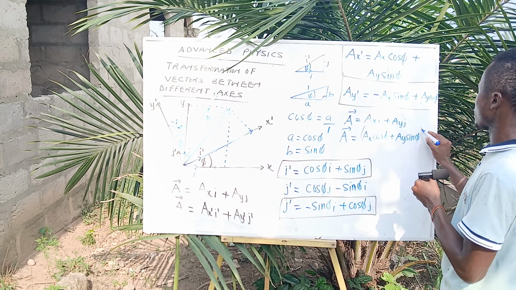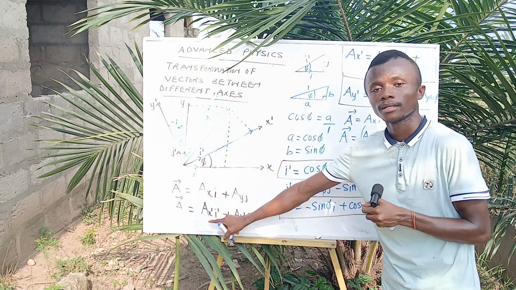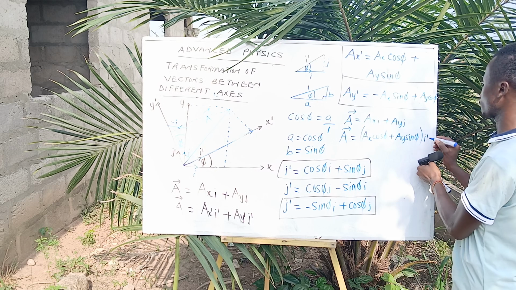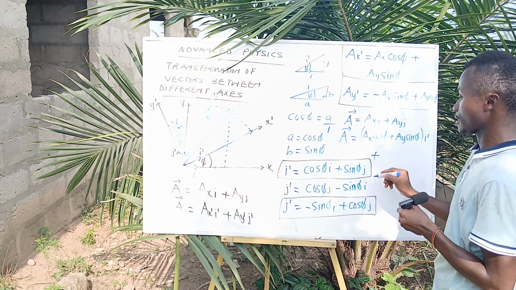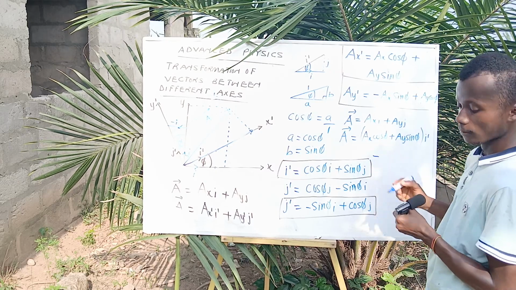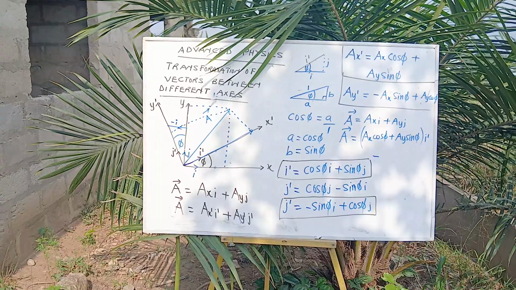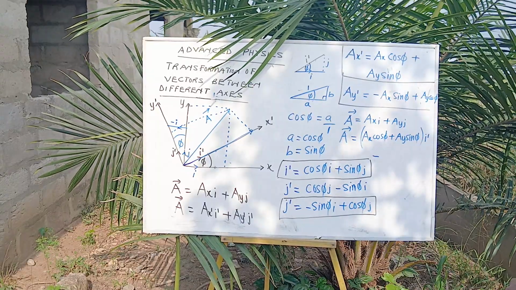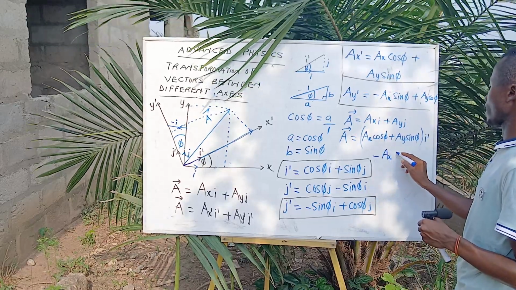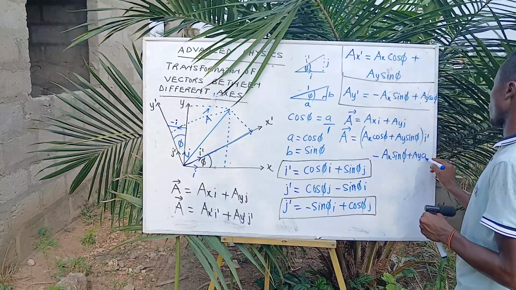This is only for ax prime, in the direction I prime, and then plus ay prime, which is negative ax sine phi plus ay cos phi.